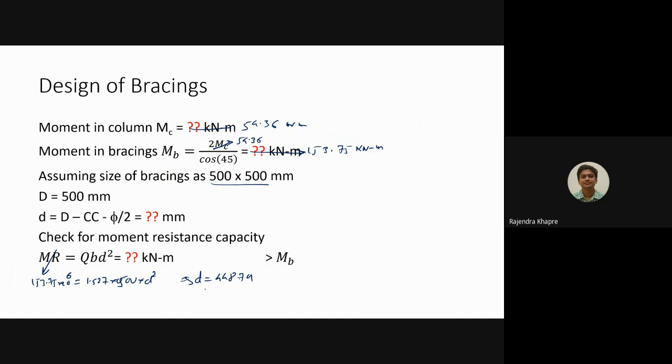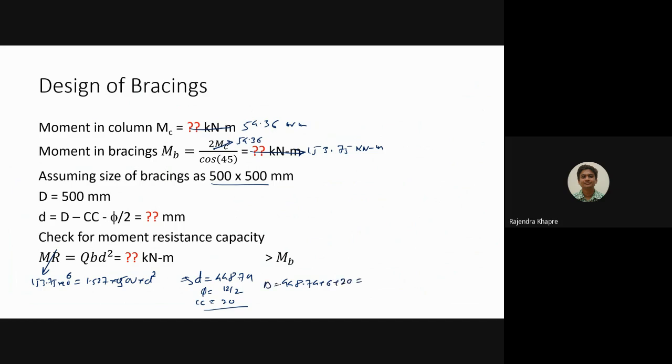So if we are using 12 dia bars, so this will be 12 divided by 2 plus clear cover of let us say 20. So this is something like 448.74 plus 6 plus 20. How much is this?